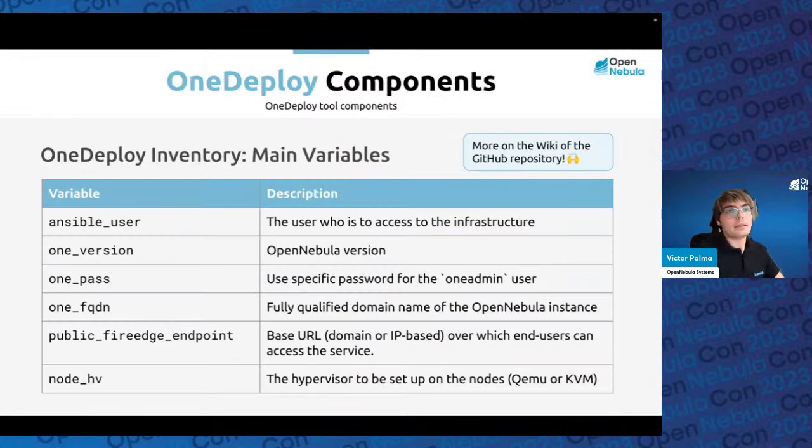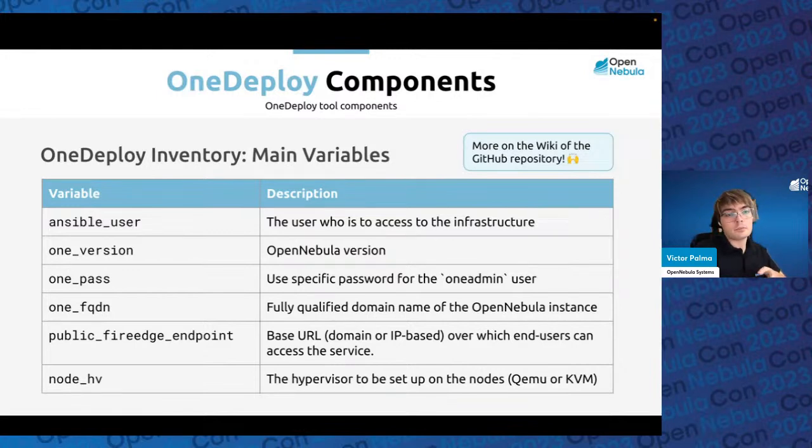Well, the first section, as I said before, is the main variables that OneDeploy uses. This is just a summary of the most important ones, but I recommend you to take a look at all the variables available in the wiki repository of the project.